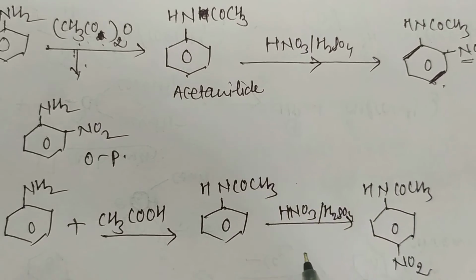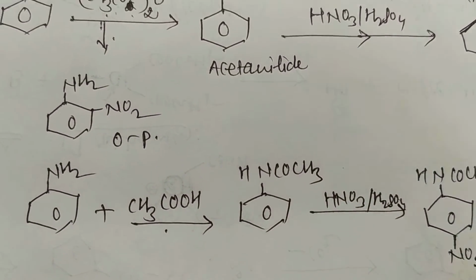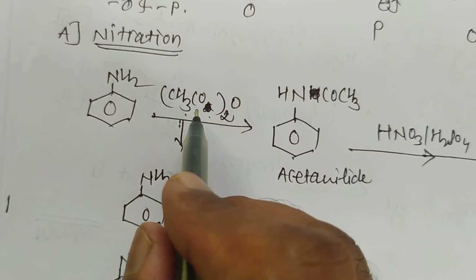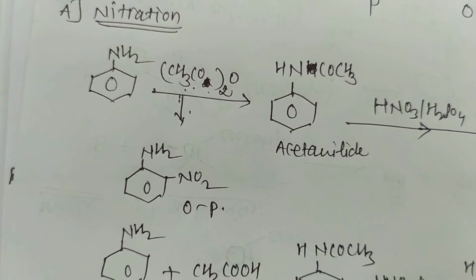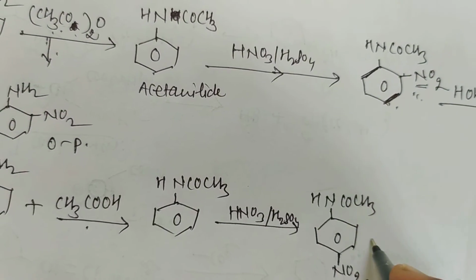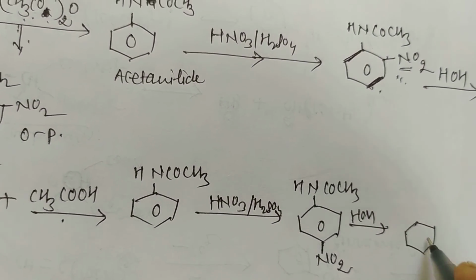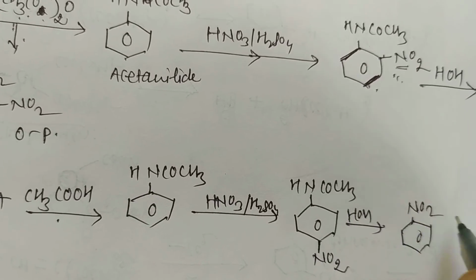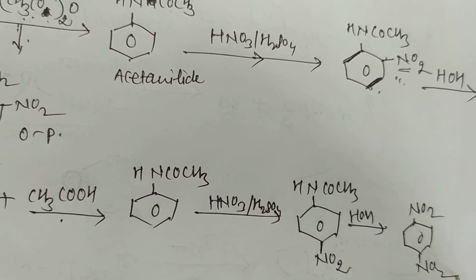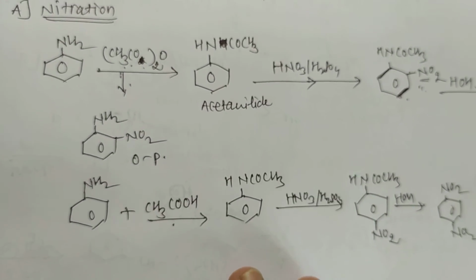Means in presence of acetic acid, nitration occurs at the para position, and in presence of acid anhydride, nitration occurs at the ortho position. After that it undergoes hydrolysis, and we can obtain para-nitroaniline. This is the nitration reaction.